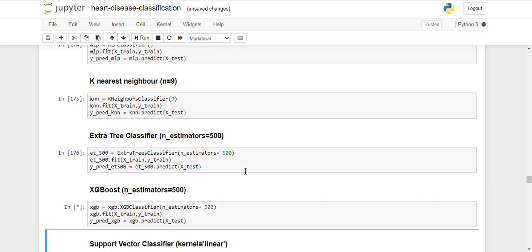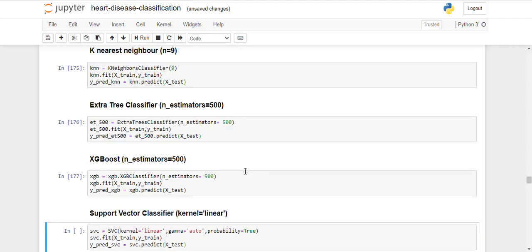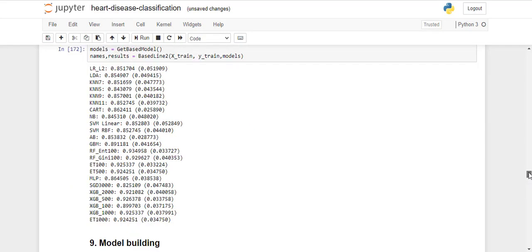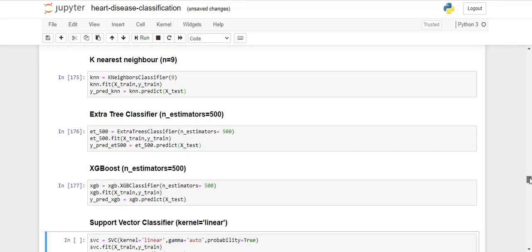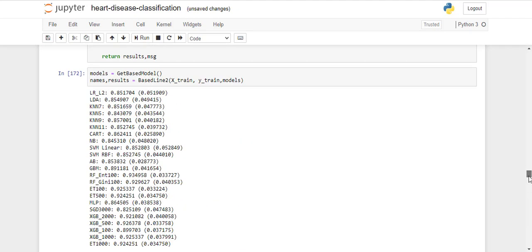For XGB, which one is higher? First of all, we have to see. XGB is, yeah, 500 trees. 500 trees is the best one with XGB. But in case of extra tree, it is better at 92.5 with 100 trees.